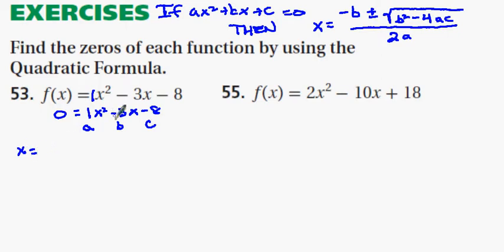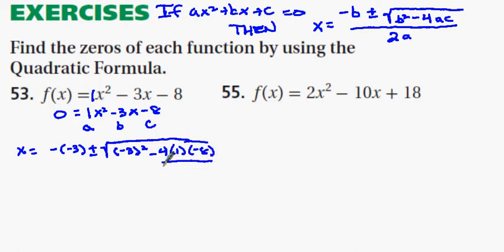So b is negative 3 and the formula is negative b, so this is negative 3 plus or minus the square root of negative 3 squared minus 4 times 1 times negative 8, all over 2 times 1.